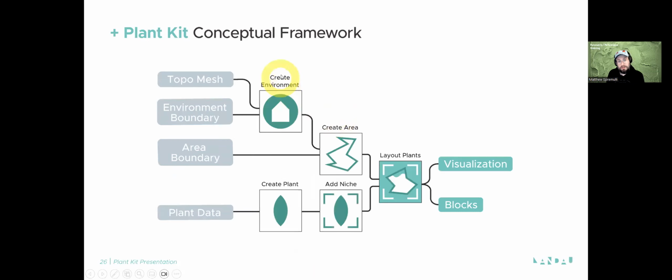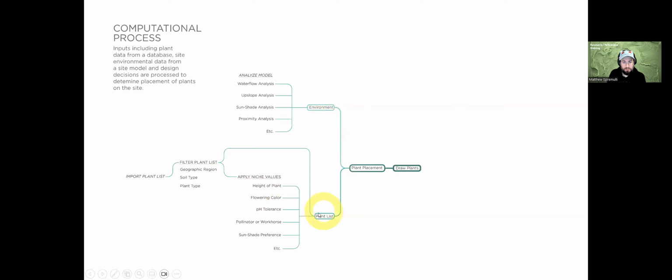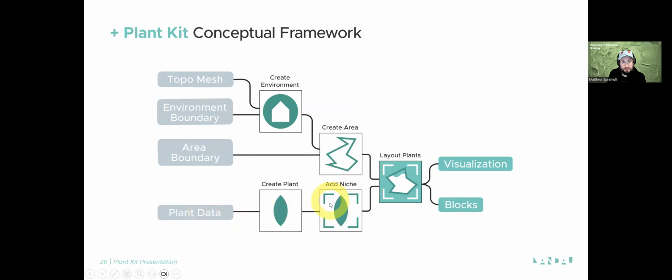And the way that it looks in PlantKit with the specific graphical nodes is that you create that environment. Well, we're going to go back here. Let's start with plants. You want to create your plants, which can come from data, and you can add niches.